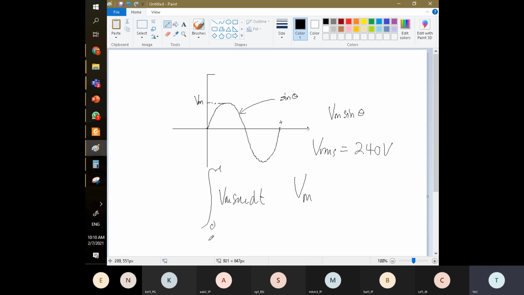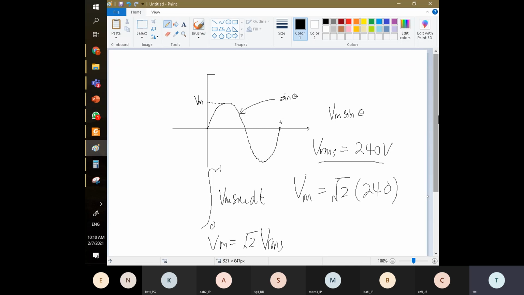You will come up with the Vm equal to square root of 2 times the VRMS. We call it VRMS here. So Vm equals square root of 2 times 240. 240 is the RMS value of this waveform.